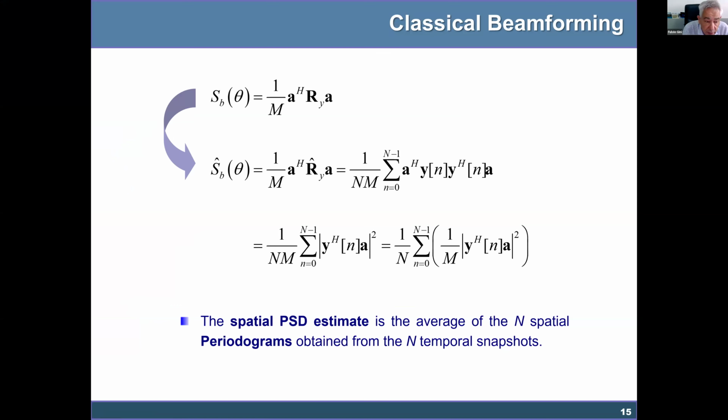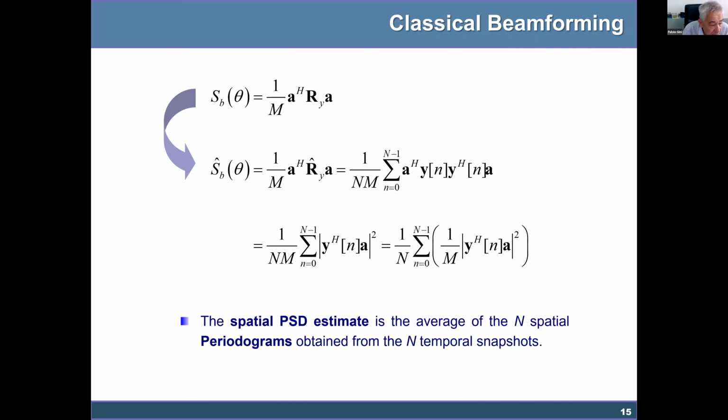Okay, so if you remember, yesterday we defined the problem of finding a special filter, which is called beamformer, and we found what is called the classical beamformer.